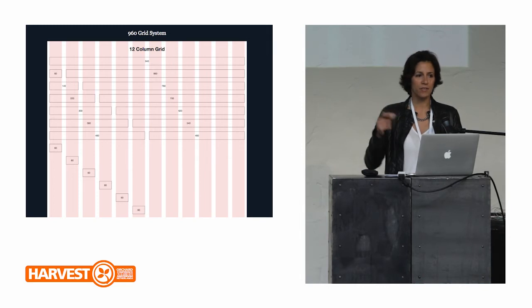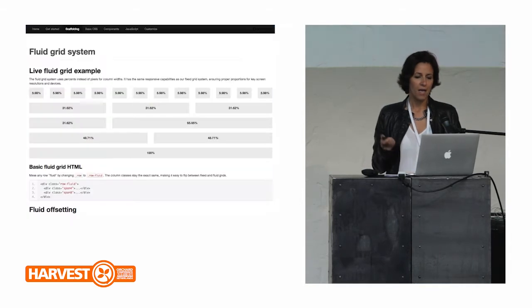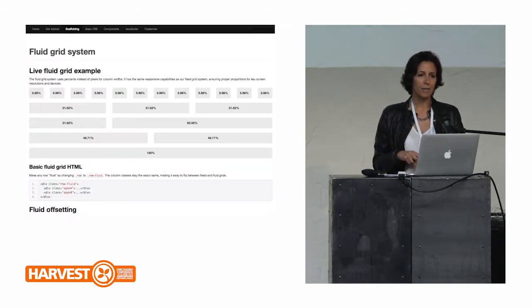So these were the initial static grids that we used. Right now, and when we talk about responsive design, if we want our content to adjust to different screen sizes, we have to make sure that these columns actually are flexible. And the way to do it is relatively simple.